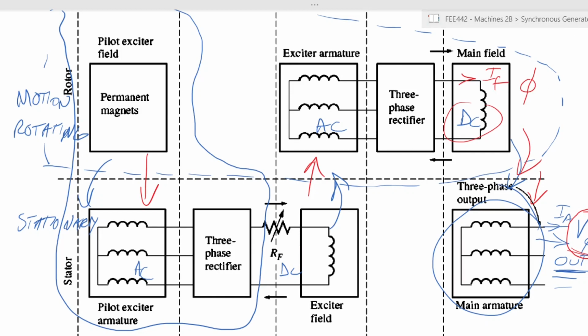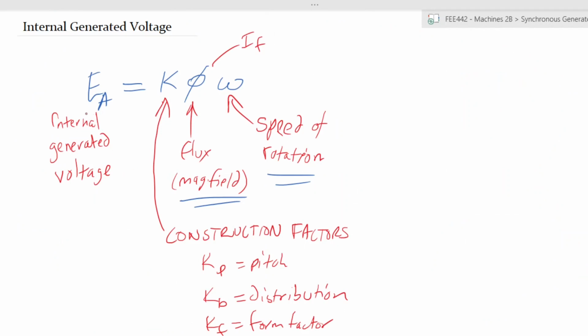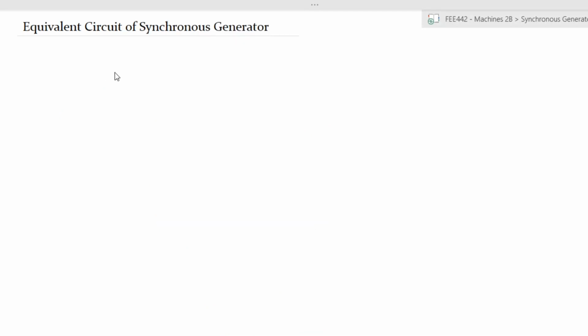But we've mentioned that the internal generated voltage is given by EA. Now, what actually happens during the operation is that your internal generated voltage will not be equal to the terminal voltage. There is a difference between the 2 of them.